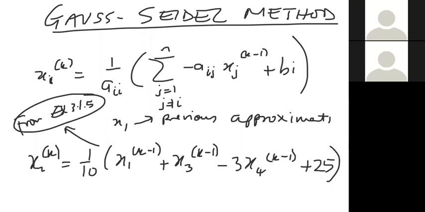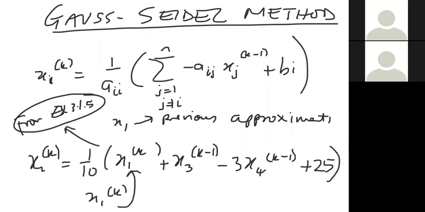But as we are finding the value of x2^k, we'll have found the value of x1^k, because we start with x1^k. So we see that that value can be substituted in there. Instead of using x^(k-1), we can use x^k.